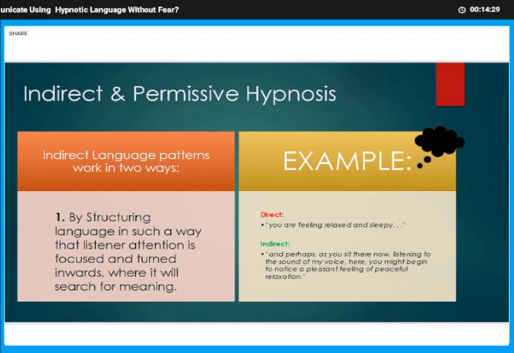Indirectly, much more powerfully, we are going to suggest this by saying, and perhaps as you sit there now, listening to the sound of my voice here, you might begin to notice a pleasant feeling of peaceful relaxation. And let's go to the next slide.